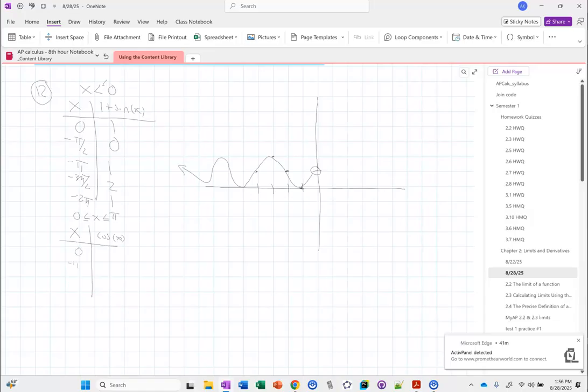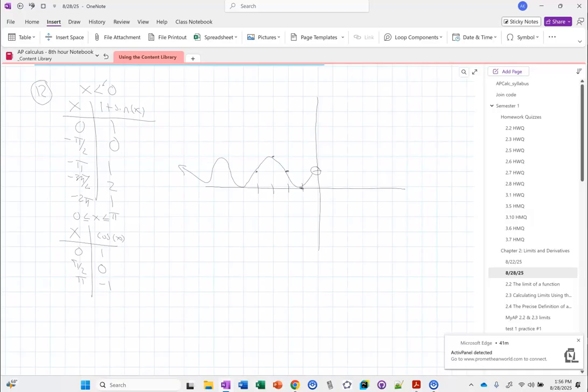So again, I'll do 0, I'll do positive pi over 2, and then I'll do pi. So cosine of 0 is 1. Cosine of pi over 2 is 0. Cosine of pi is negative 1.